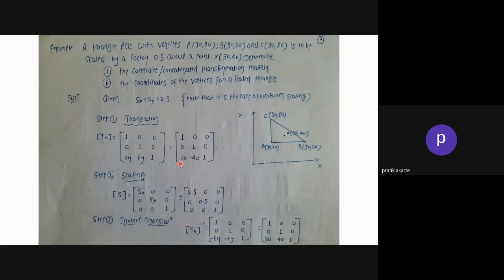These matrices indicate that this is your regular translation and this is your inverse translation. That's why I put the minus signs, minus tx and minus ty. The minus sign indicates the inverse of the translation matrix. So we have made the inverse translation.